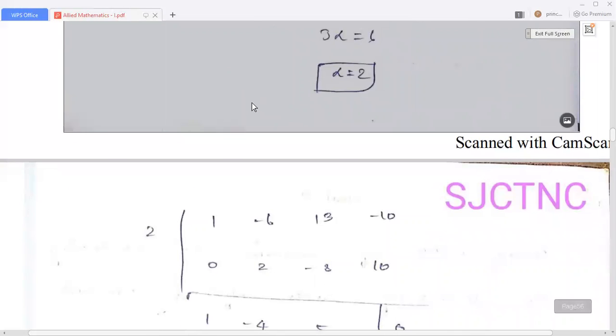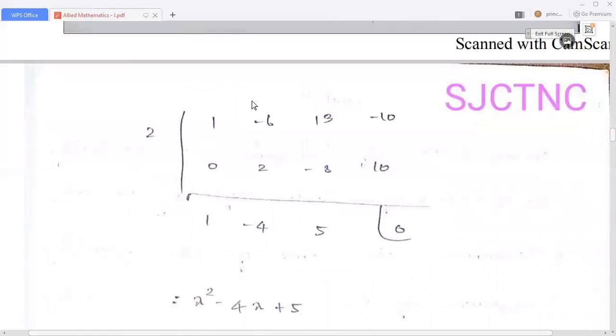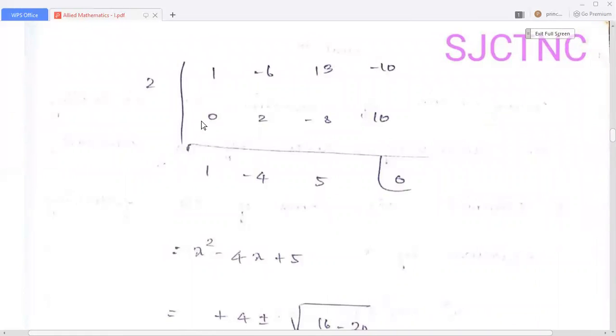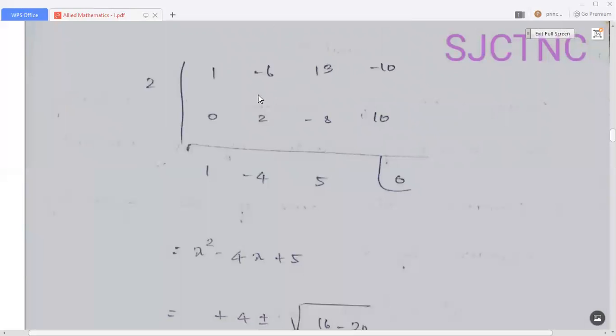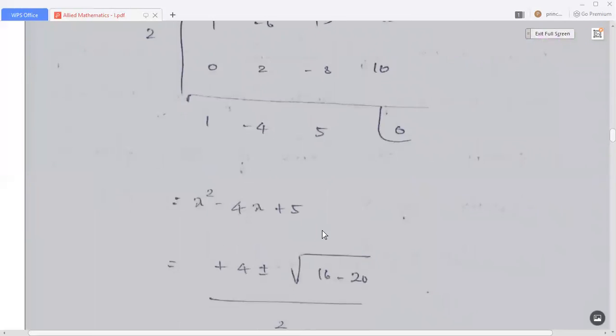So the remaining two roots can be obtained by using the synthetic division method. So now we divide these coefficients 1, minus 6, 13, minus 10 by 2. Here we get remainder 0. These coefficients can be used to form a quadratic equation, that is x square minus 4x plus 5 equal to 0.